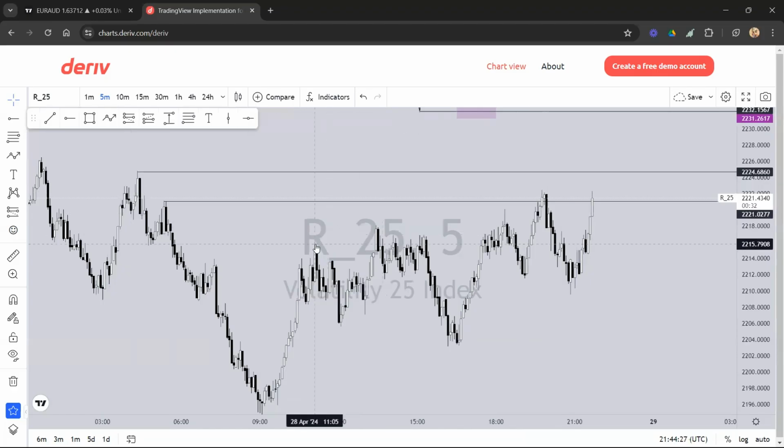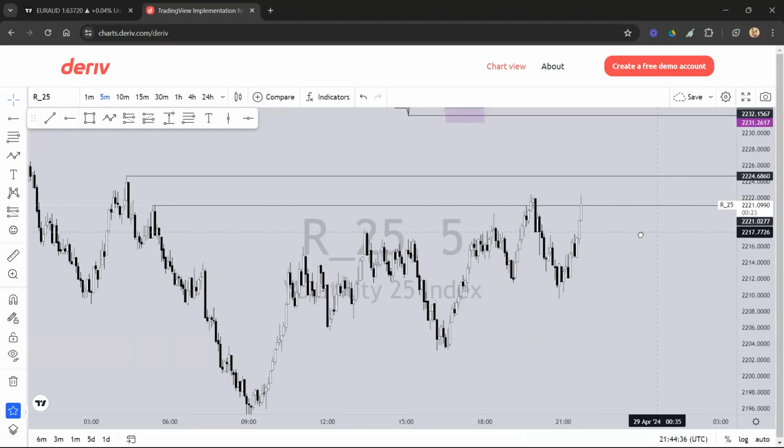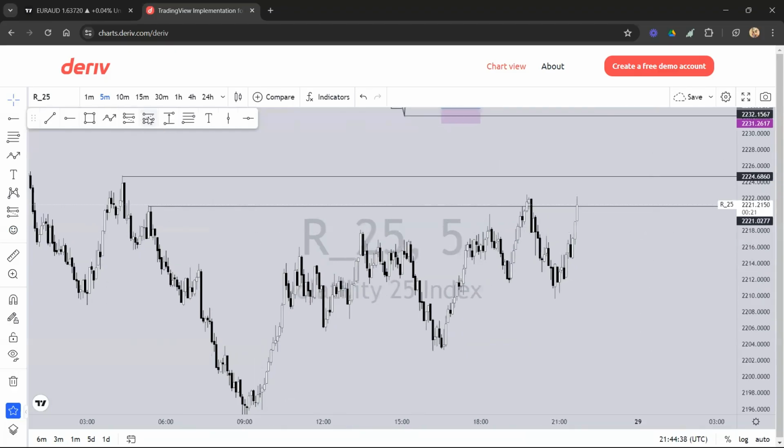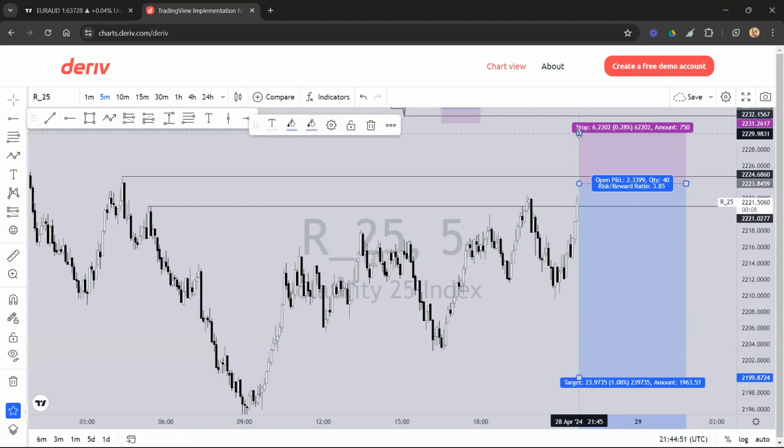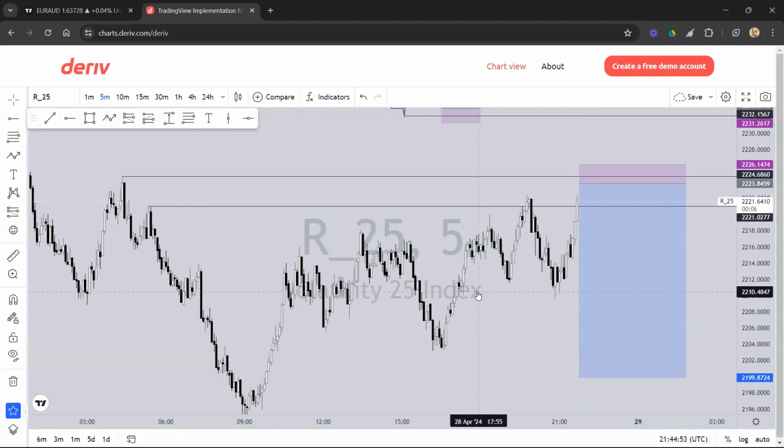If the price comes back to this whole point here, this is my entry. And once I see my confirmation, I'm stacking this to the downside.